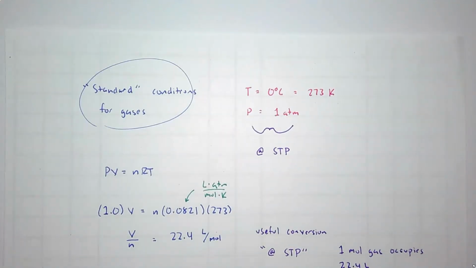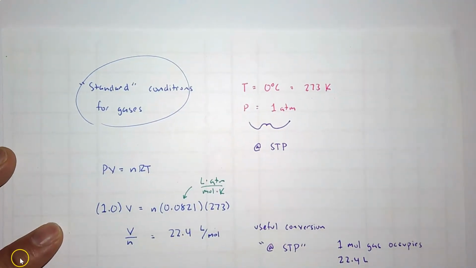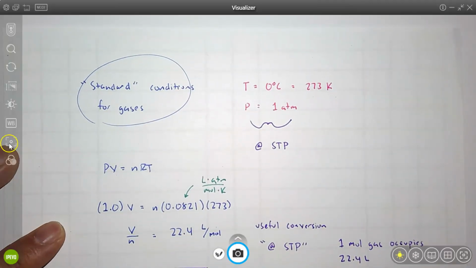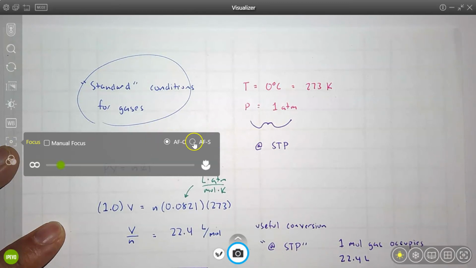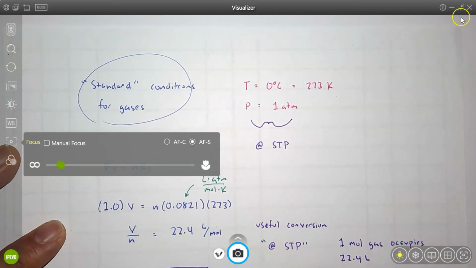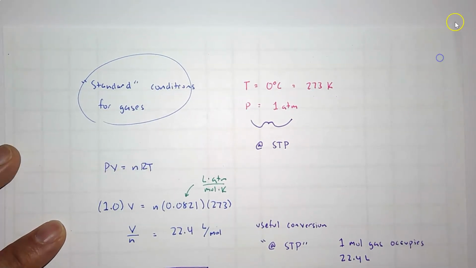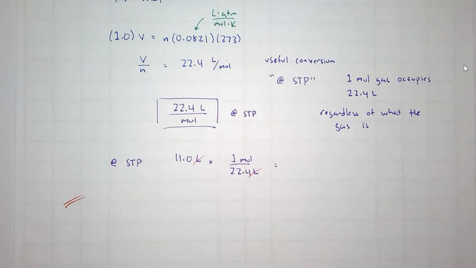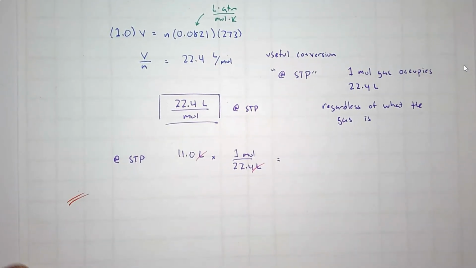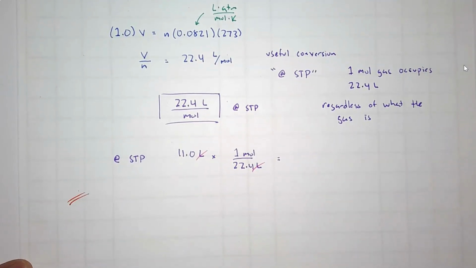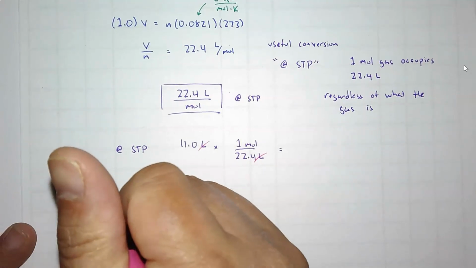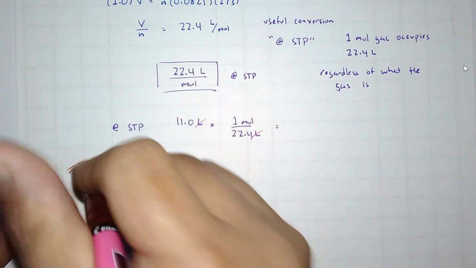I have one more short topic to talk about in this video. Actually, let me make this static, the focusing. Okay, one more topic, and that is density. If you recall, density can change very quickly with gases.